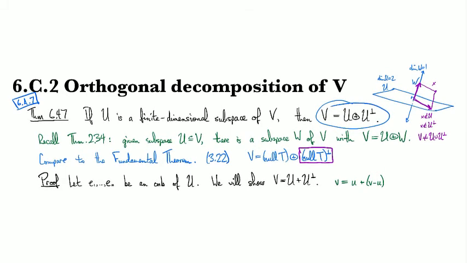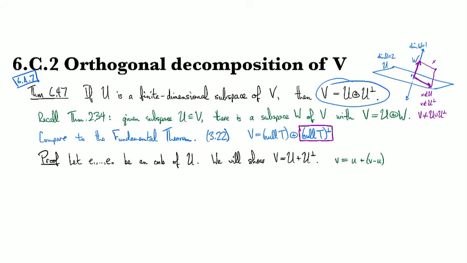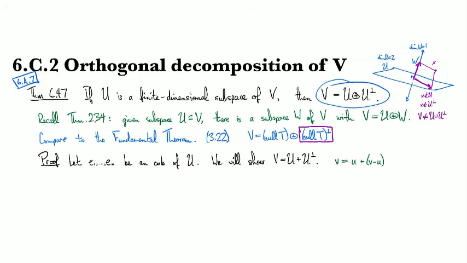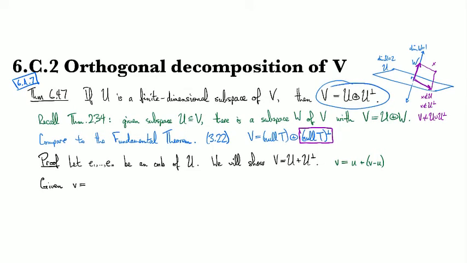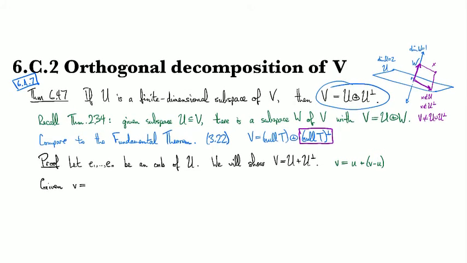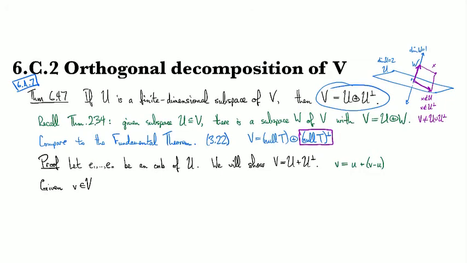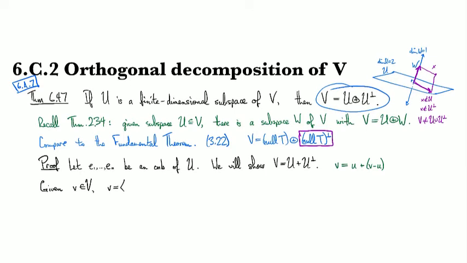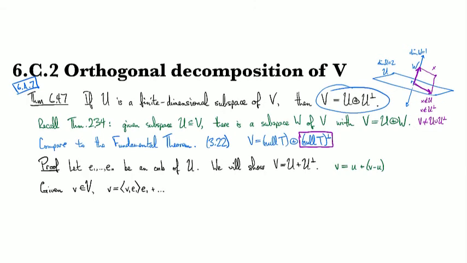So the way that we're going to do it, however, is with respect to the decomposition according to this orthonormal basis. So given V in capital V, we know that we can write V as V against E1 times E1 plus da-da-dee-da-da.